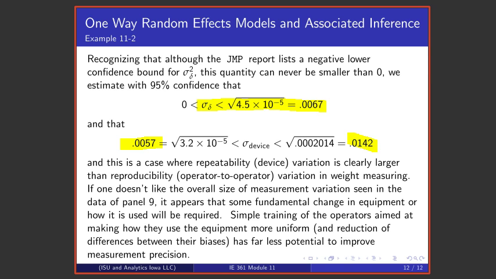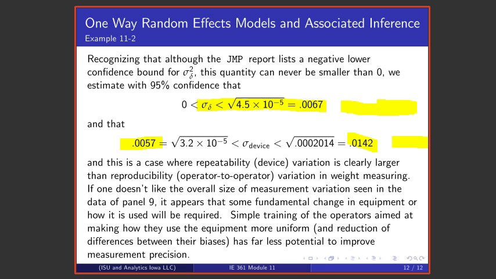This is a case where the reproducibility variation is actually apparently smaller than the repeatability variation.